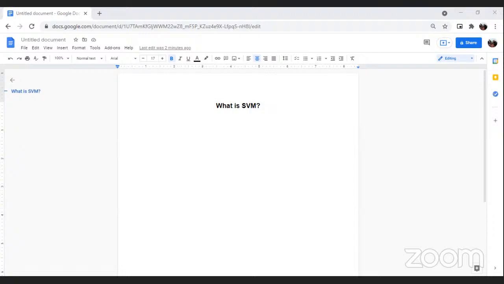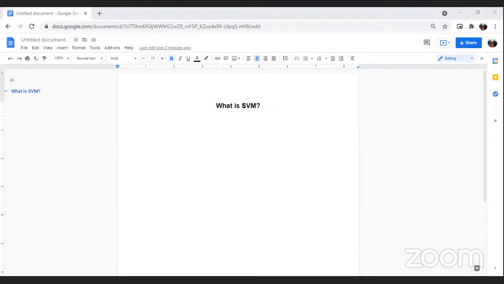Right. So what is SVM? What does it stand for? SVM stands for support vector machine. Right. It is a supervised machine learning algorithm which can perform both regression and classification.